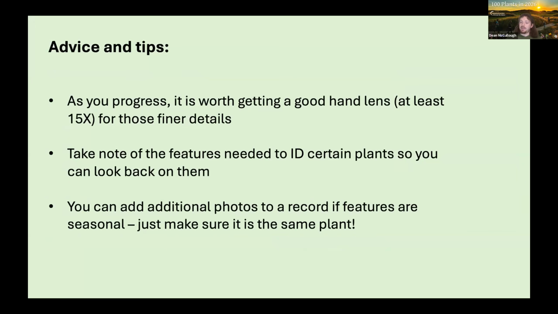You can get times 15, times 20, and even higher than that. But in the field, I wouldn't really ever have more than a times 20. They are useful if you're going to look at finer details. And if you want to improve your botany, you will eventually need to get one. So you might as well have it at the beginning, in my opinion.